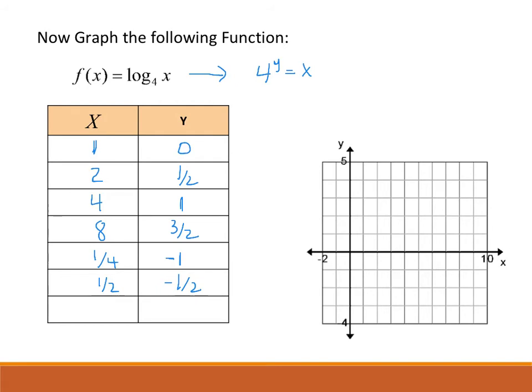So now we will go ahead and graph our function. We know that at 1, we're here, and we have a vertical asymptote. We can't cross the y-axis. Now we'll go ahead and put our points in. At 2, we're at 1/2. At 4, we're at 1.